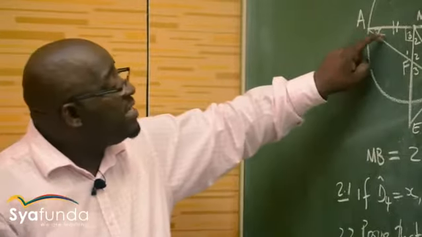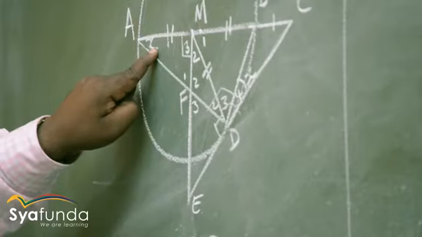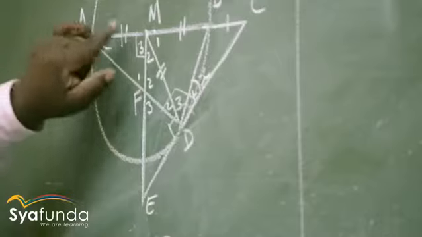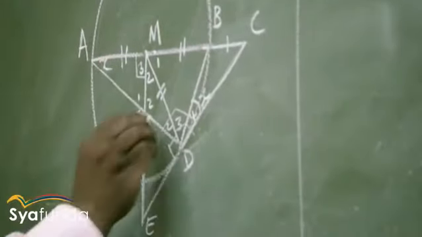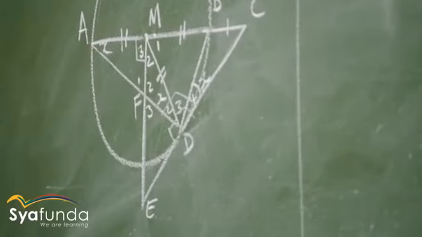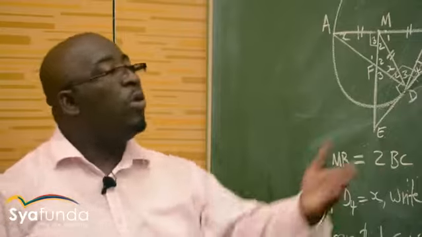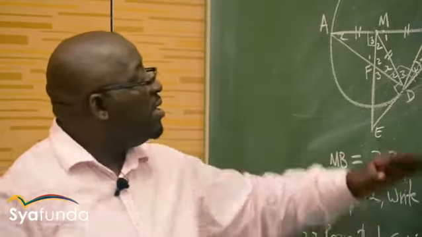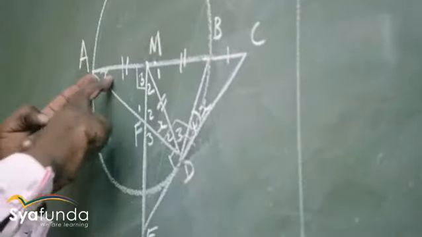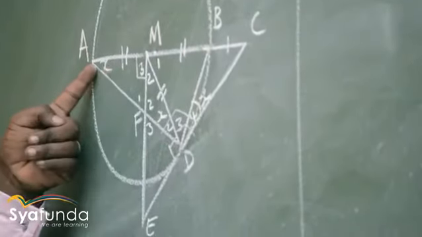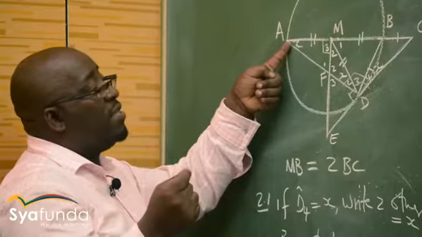But once we find that this is also angle X, we can also see that since this triangle is an isosceles triangle, angle D2 we can also refer to as angle X. These are the 2 angles that we can call angle X. Remember the first one? We use nothing else but our theorems. Tan chord theorem, go to the circumference, find that angle X is equal to this one, and state the reason, tan chord theorem.